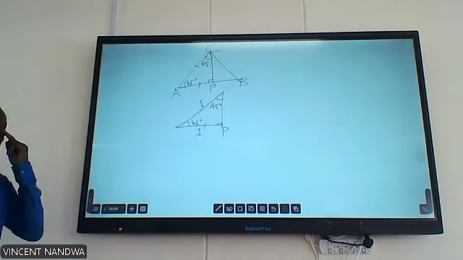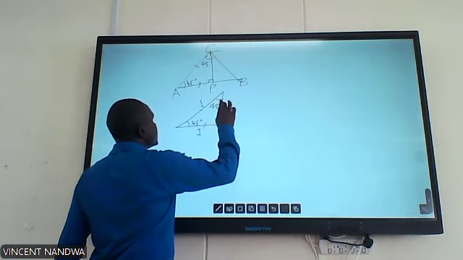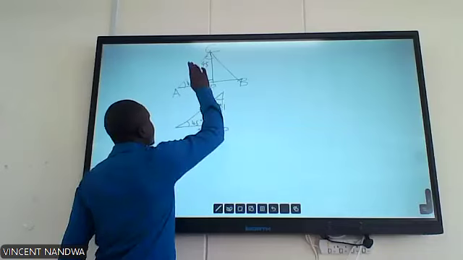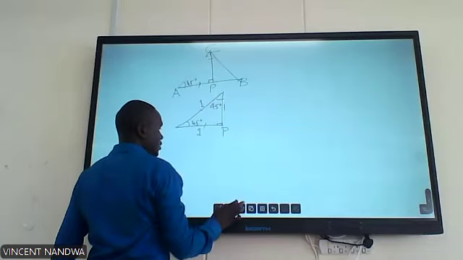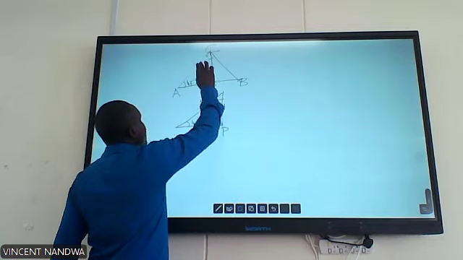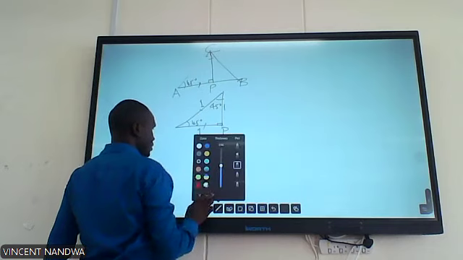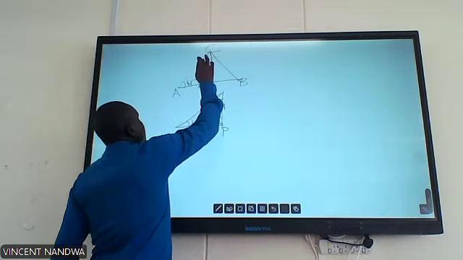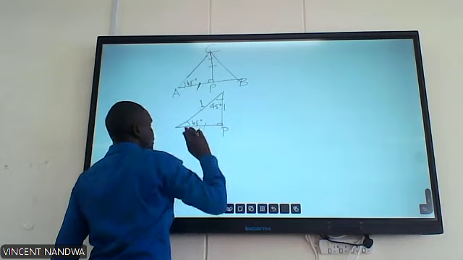Actually, my sketch is wrong here. If this is 45 and this is 45, then this distance and this one are the same.